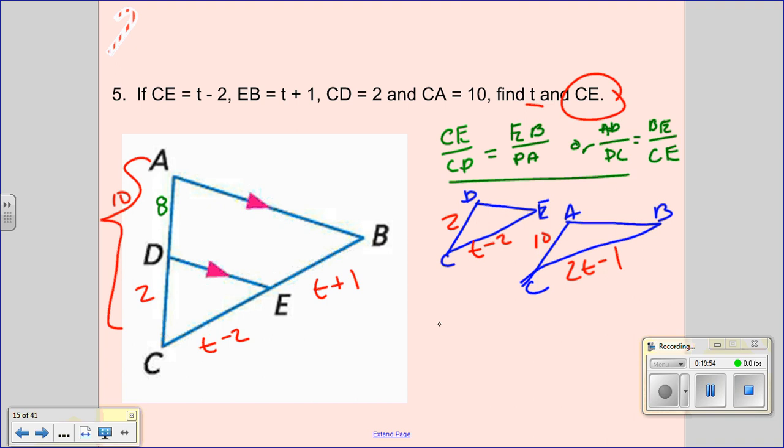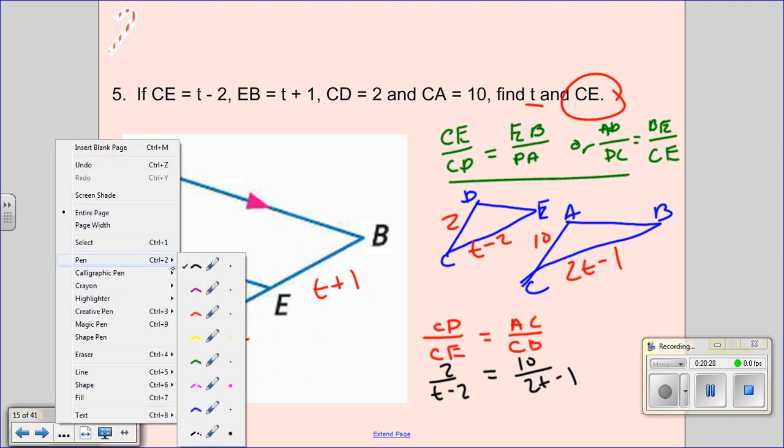So what I would do is say that CD is to CE, using the smaller one, as AC is to CB, which means if I replace it with numbers, that's 2 over t minus 2 is equal to 10 over 2t minus 1. And now I have to cross multiply.